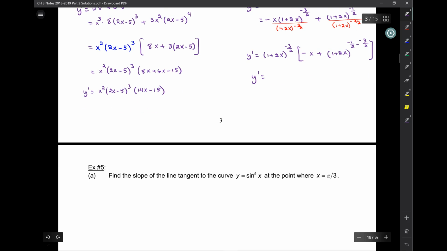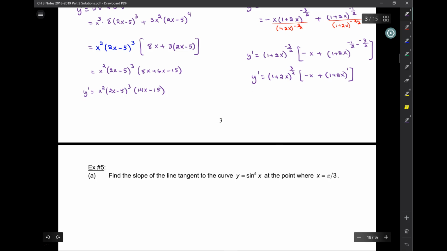So y prime is 1 plus 2x to the power of 3 over 2 times negative x plus 1 plus 2x to the power of how much? 1/2. 1, sorry. Right? Okay, so take a look. You have negative 1 over 2 plus 3 over 2. That's 2 over 2, which is 1. Right? Or 1.5 minus a half is 1.